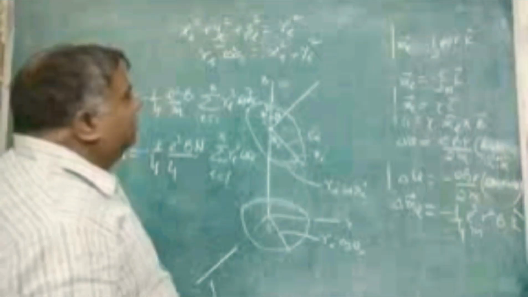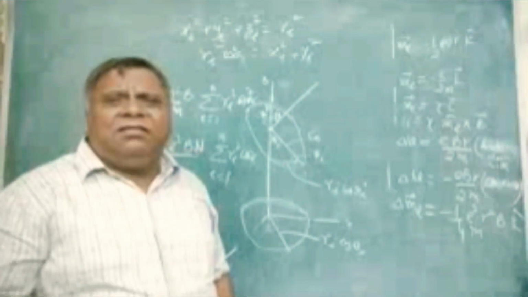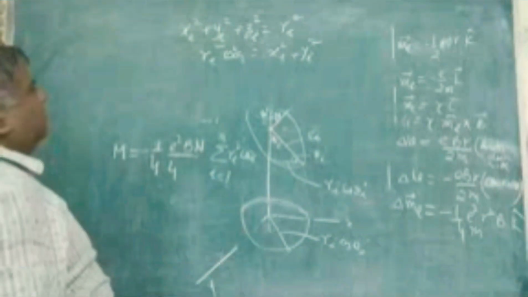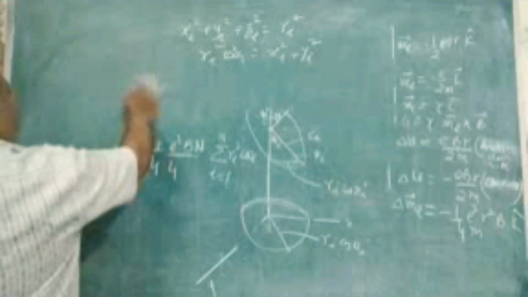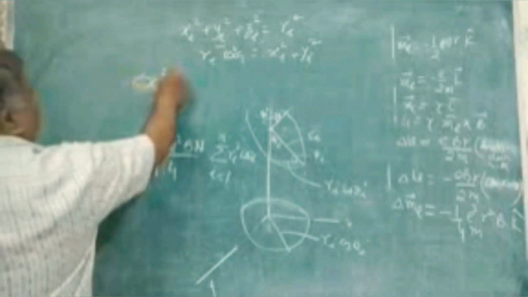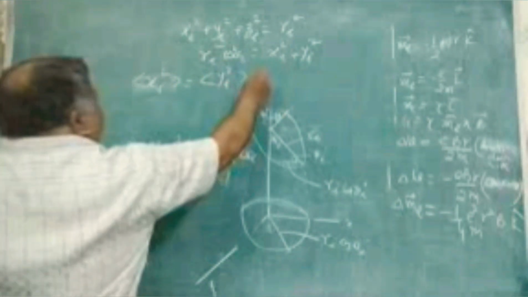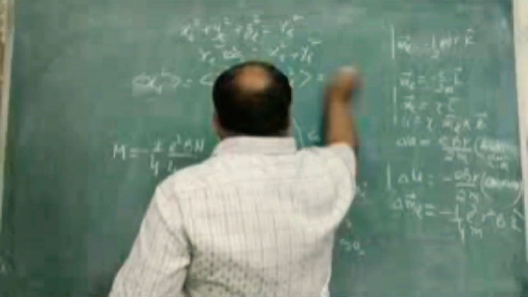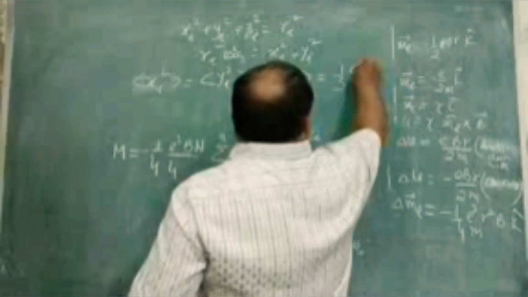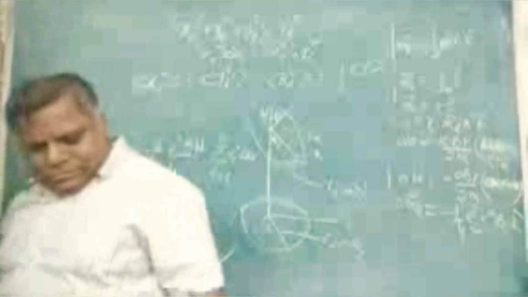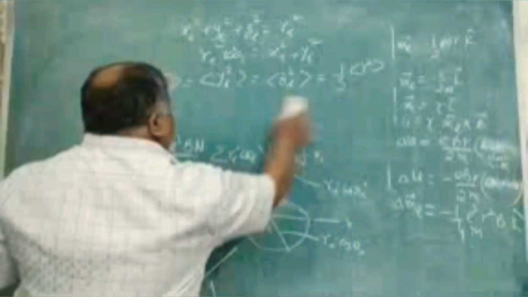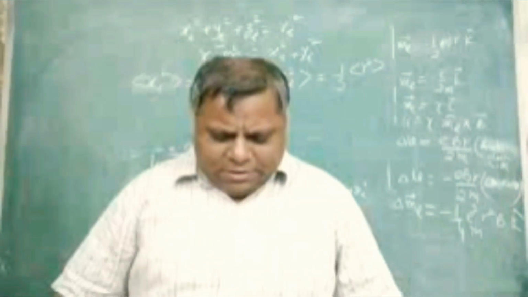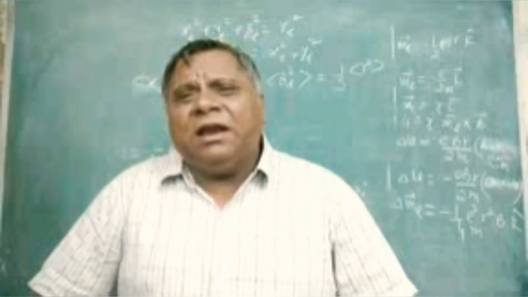Now, suppose the atom is spherically symmetric, then the average values of xi square, yi square, zi square are all equal and equal to 1 upon 3 Ri square, the average radius of the orbit. You may take it as the radius of the atom.